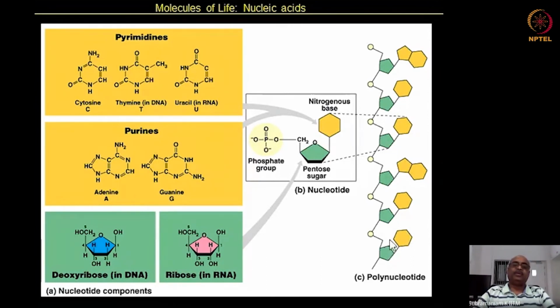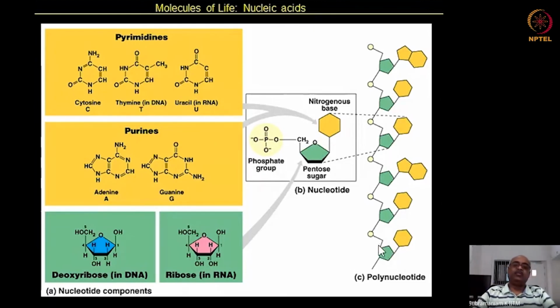The other component is a sugar. We became familiar with glucose and fructose. Glucose is a hexose. Here what is present is a pentose, a 5-carbon sugar called ribose. You may not find this attachment hard, because we know the sugar molecule has alcohol groups, hydroxyl groups, and with that you can easily attach the way one sugar is attached to another sugar.